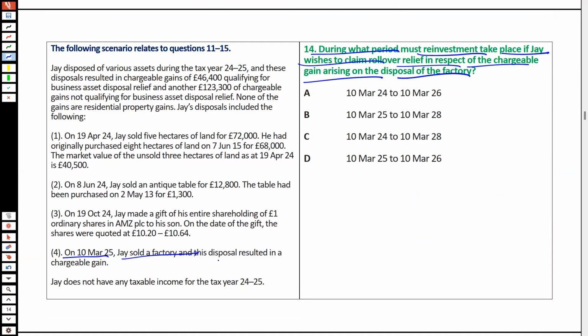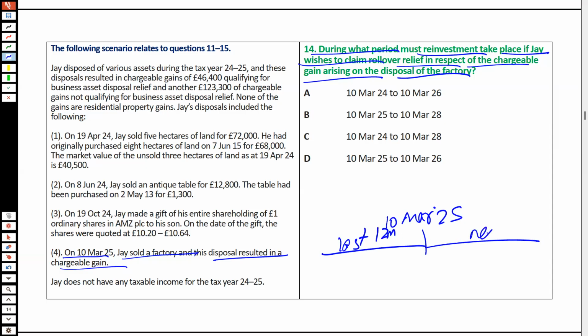J sold a factory on 10th March 25, which resulted in a chargeable gain. The reinvestment period is the last 12 months and the next 36 months.